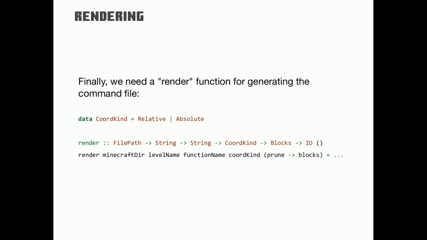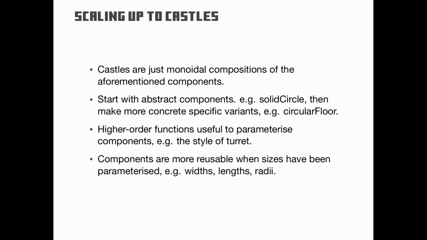And finally, we need a render function for generating this file, and I'm going to skip the code for that, but it's really just printing out the blocks. That's basically the code. There are no other libraries needed.